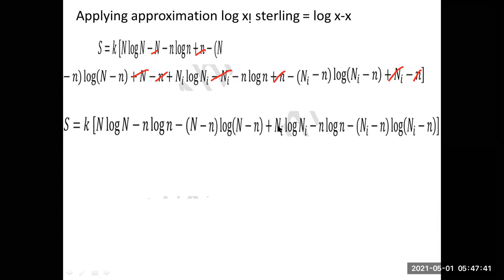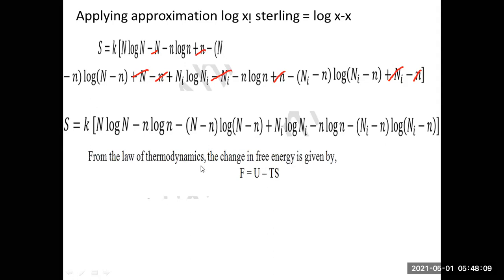Plus n suffix I log n suffix I, as it is we have written. So what is remaining here? Minus n log n, minus of n suffix I minus n log of capital N suffix I minus n, as it is. So anything that you have not understood, this is what we will do. Next one.